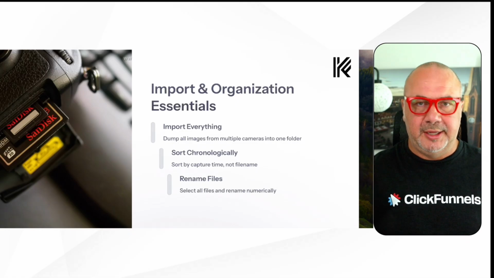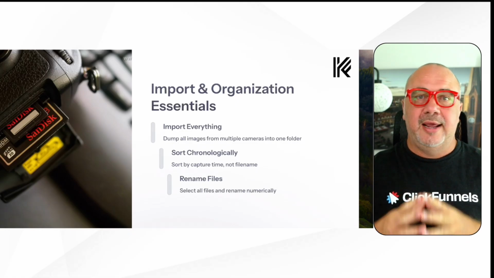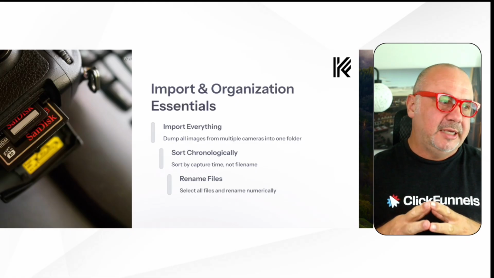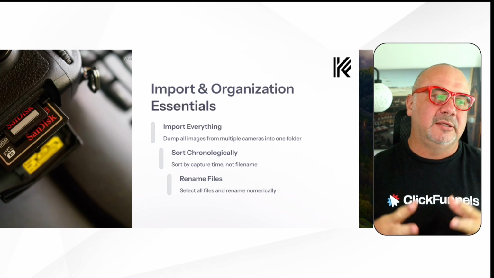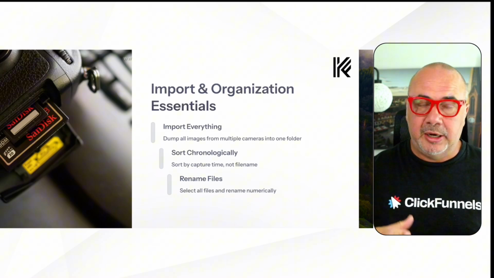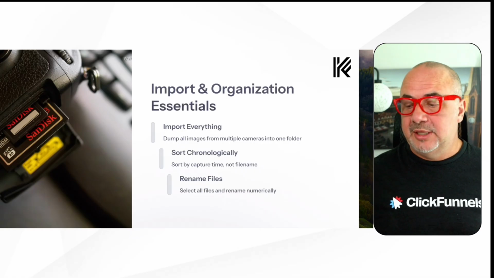So you have to make sure that everything is sorted chronologically. And then I rename files. I just organize them nicely, select all files and rename numerically. We're going to go through this step, and it'll make a lot of sense then, because you're going to see how it's done inside the application.